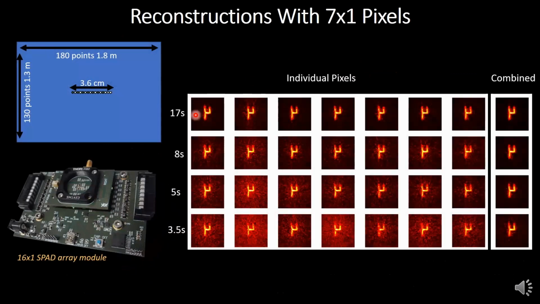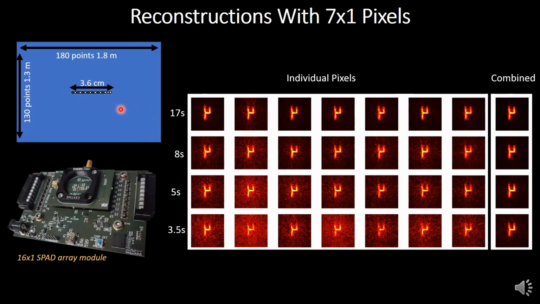So here's an example for 7 pixels. In this case, it's a 7-pixel array on the relay wall. The green are the pixels where we collect the data from. And we still scan our laser, right? But now each of the individual pixels collects enough light to do a reconstruction. So in the same time that we before ran a reconstruction, we can do 7 now and add them together to get a better SNR.